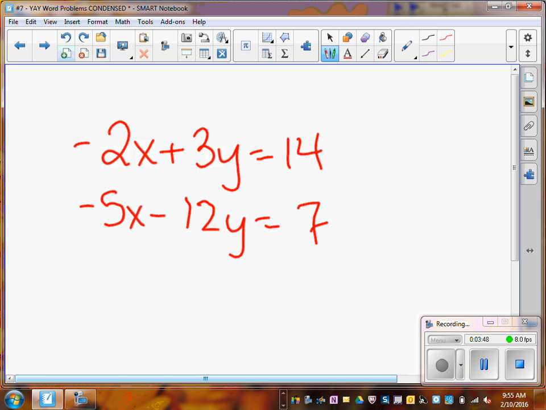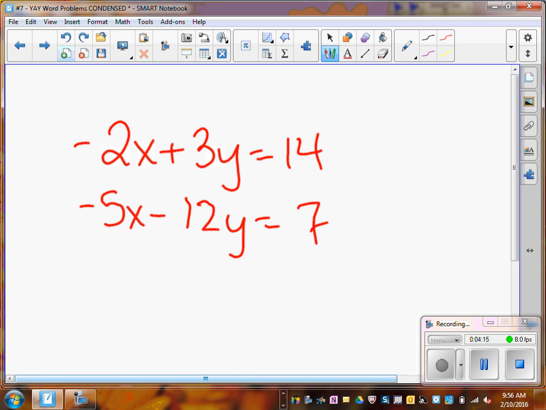What would I want to do? Would I have to multiply both equations or just one equation? Can I easily get 2 to be 5 or 5 to be 2? What can I multiply 2 by to get 5? Right, it would have to be a fraction, so I can't easily do it.